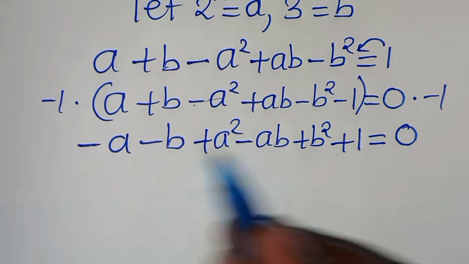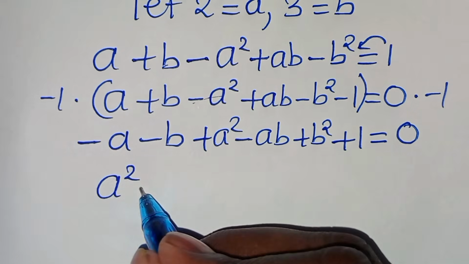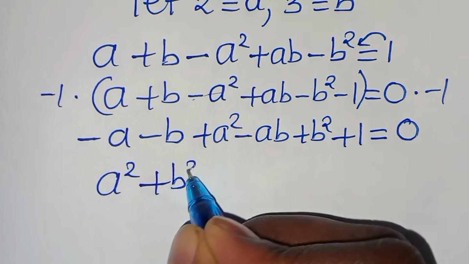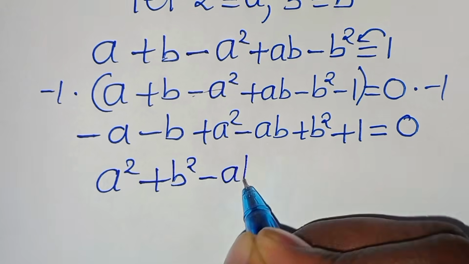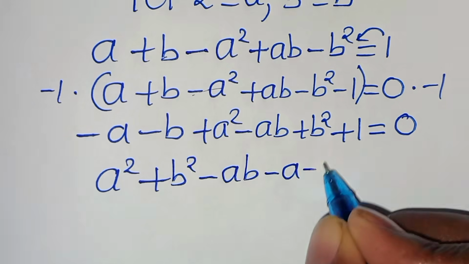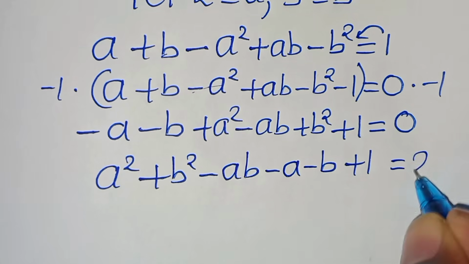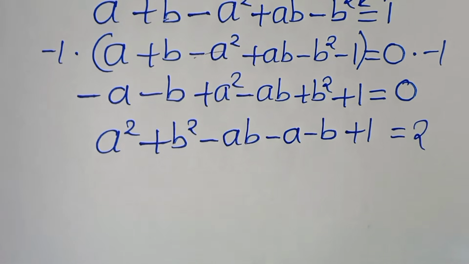So this is to mean that here we have a squared. Let's rearrange this equation. A squared plus b squared minus ab, then minus a, subtract b, then plus 1. This is equal to 0.